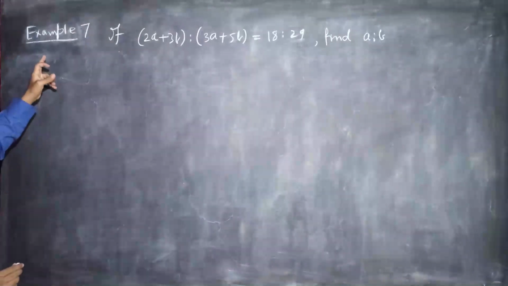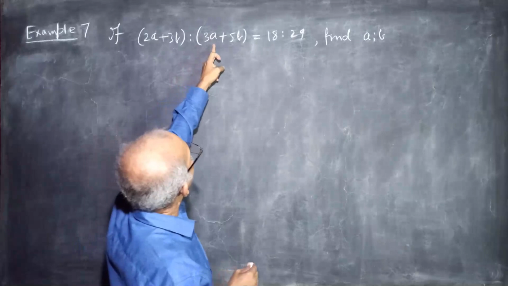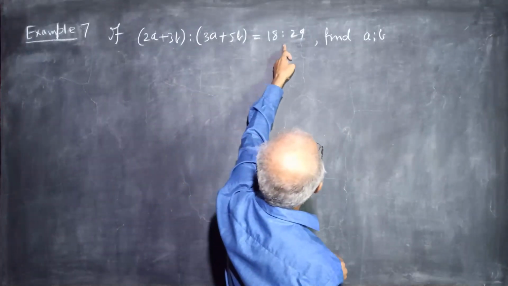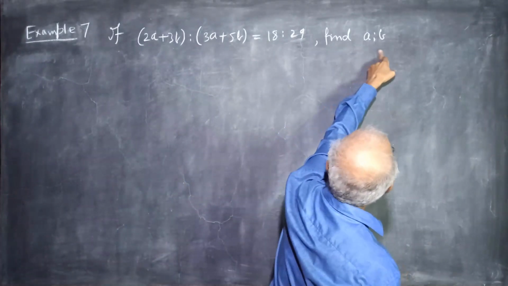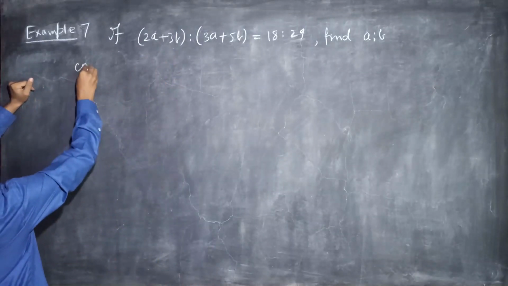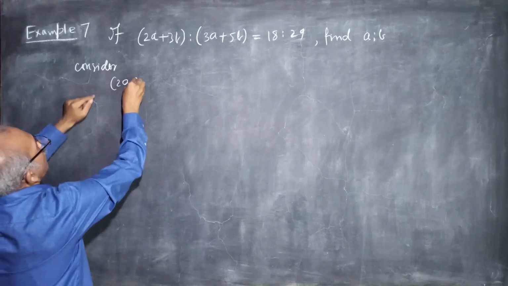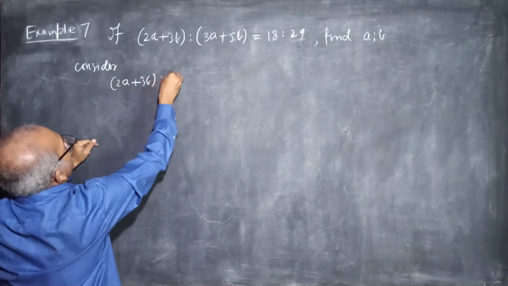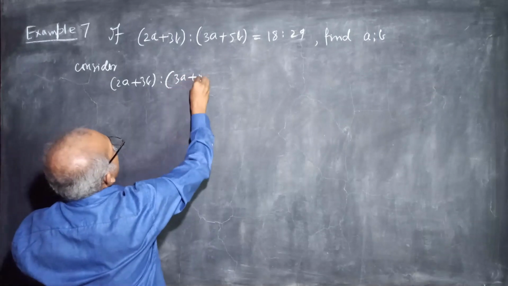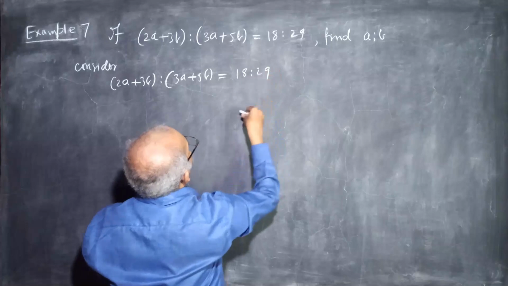Now we shall solve example 7. If 2a plus 3b is to 3a plus 5b is equal to 18 is to 29, find a is to b. Now we shall consider the given problem. So consider 2a plus 3b is to 3a plus 5b is equal to 18 is to 29.